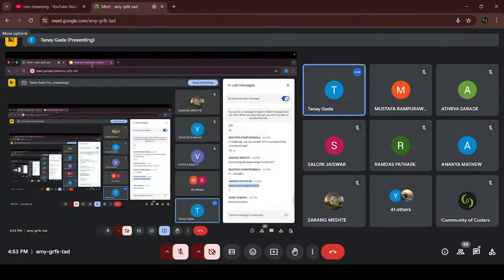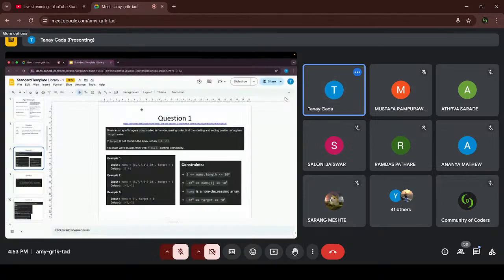So let's see the solution. What would be the lower bound of 8 in this array?